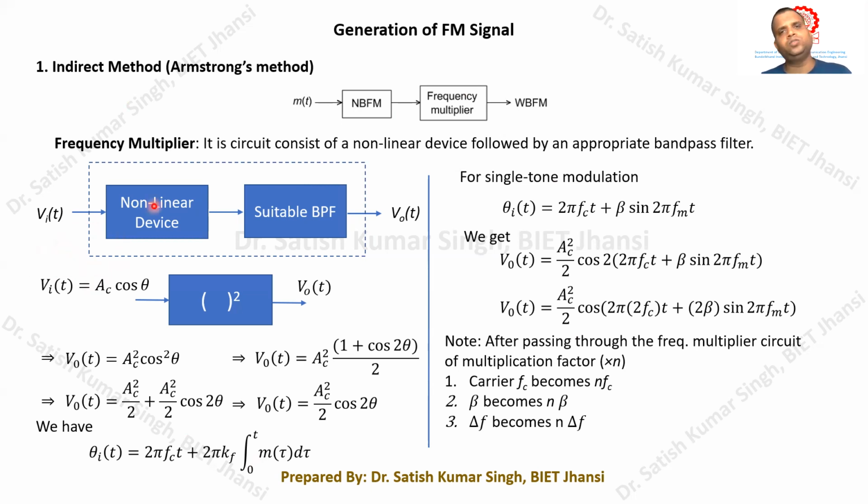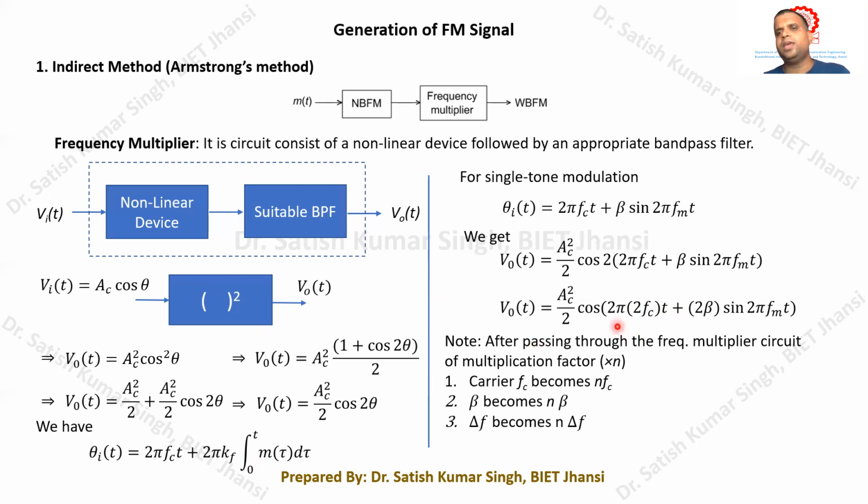Now, after passing through this frequency multiplier, the output v_output(t) becomes Ac squared by 2 times cos 2 pi, and this fc becomes 2fc. The multiplication factor is 2 because we are squaring the input. Similarly, we can have a multiplication factor of 3 by using different nonlinear device characteristics.